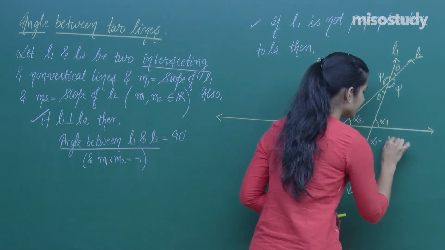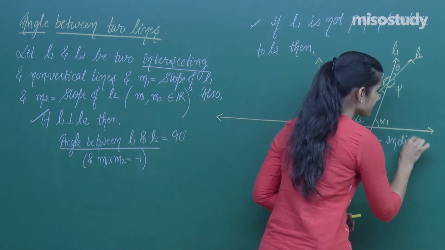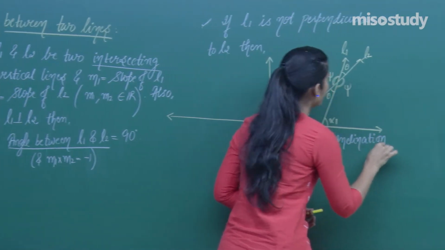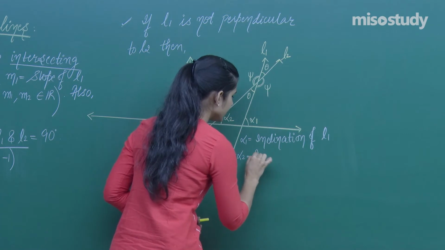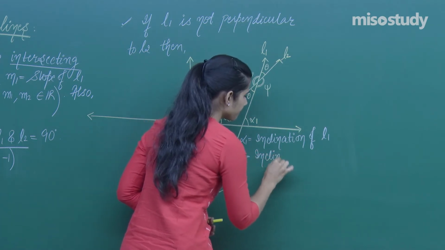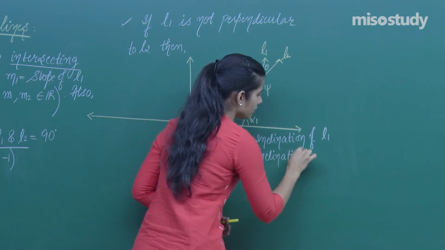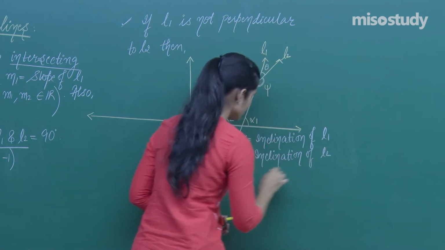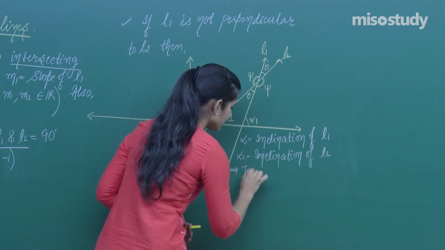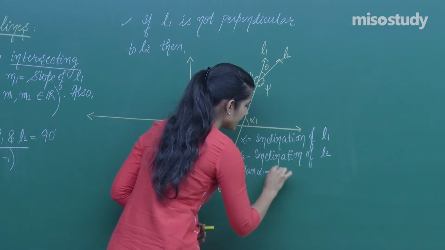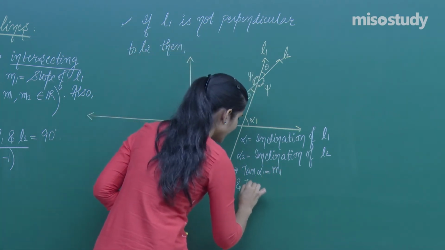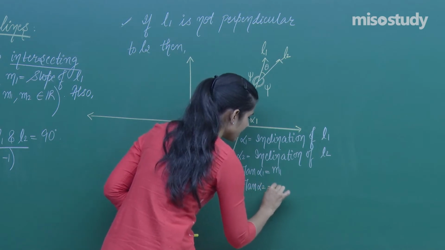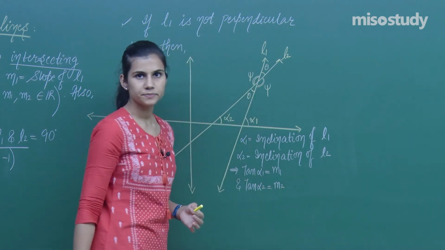Alpha 1 is the inclination of line 1. Alpha 2 is the inclination of line 2. This implies tan alpha 1 is m1, that is the slope of line 1, and tan alpha 2 is m2, that is the slope of line 2.